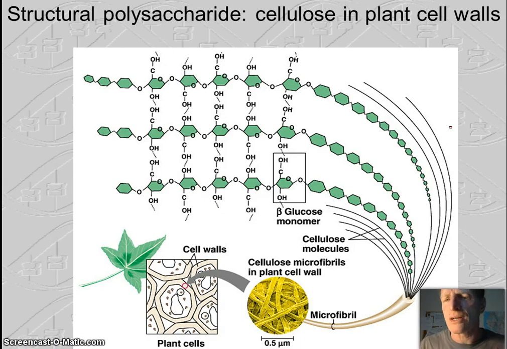Remember when we looked at starch and glycogen, they were very curved and branching, and they form these irregular shapes. It turns out our enzymes need that irregularity to bind on and rip apart those glucoses so we can break them down. Because of this linear structure and the hydrogen bonds formed between these polysaccharide chains, we don't have any enzymes that can break these bonds down.